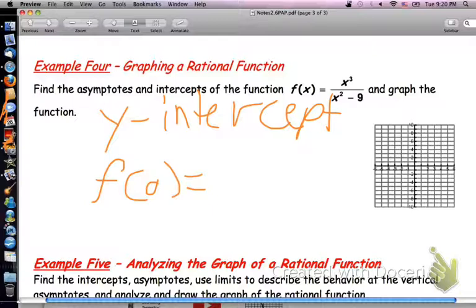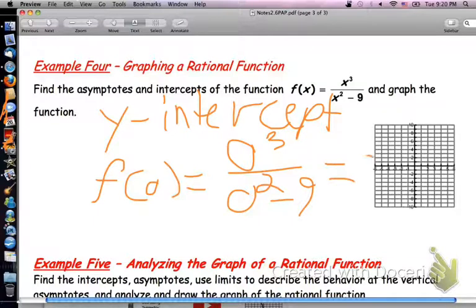So we'll get 0 cubed over 0 squared minus 9, which equals 0. And obviously you can tell that from the x-intercept, since we got 0 as the x-intercept, we know our y-intercept will also be at 0.